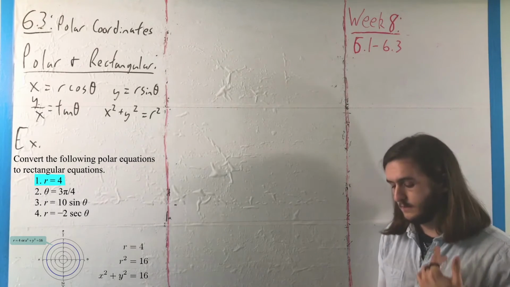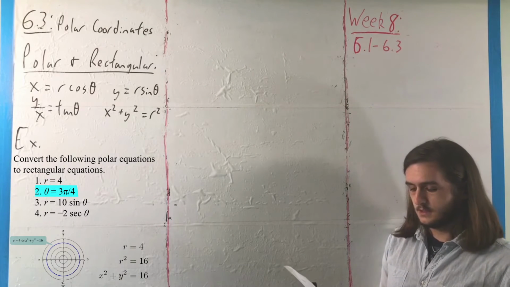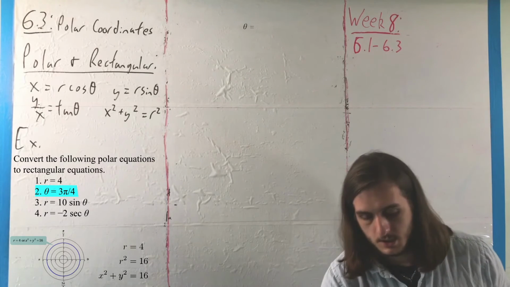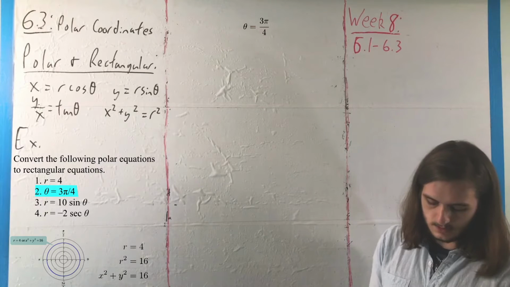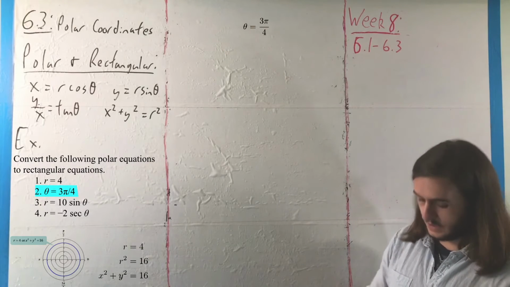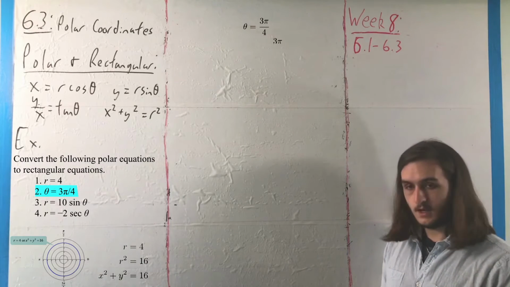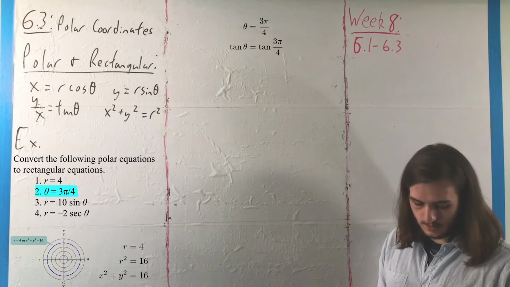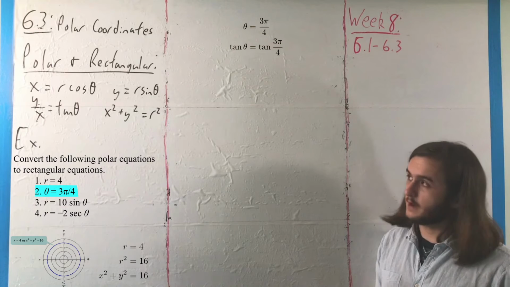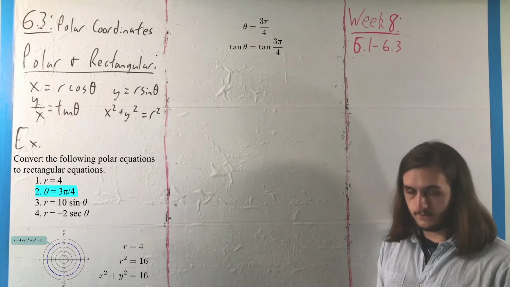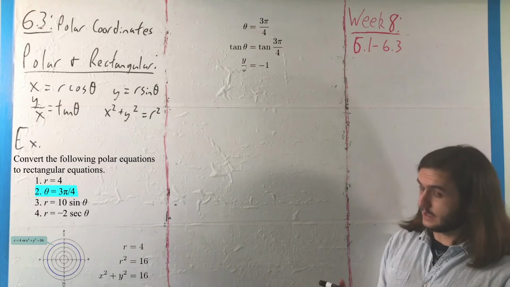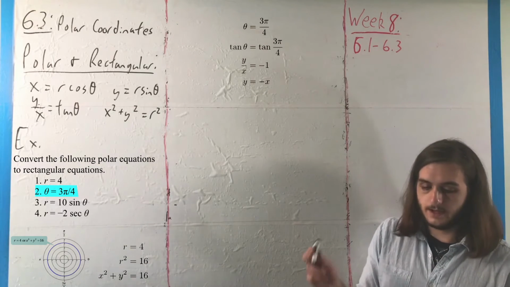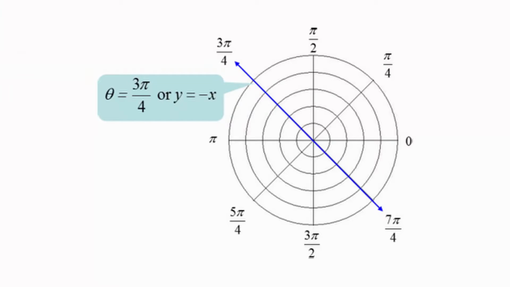On the other hand, for our second example, theta equals 3 pi over 4, we use our relationship in terms of tangent. That is, tangent of theta, which is tangent of 3 pi over 4, is equal to y over x is equal to -1, which says that x is equal to -y, which will have a graph like so.